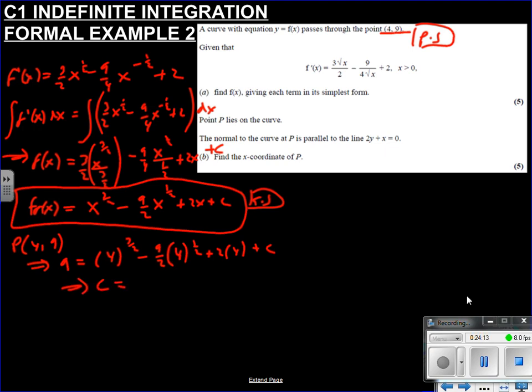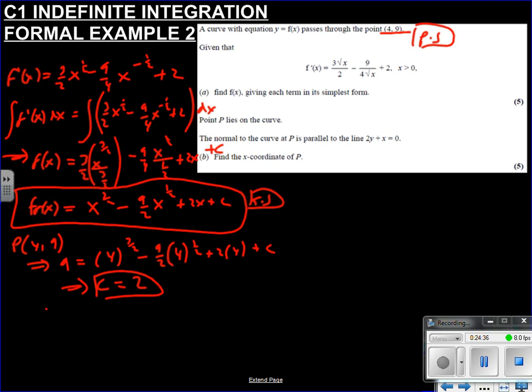And when you rearrange that, you should get, for the sake of speed, remember you will not be allowed to use a calculator. So plus 8, 9. So I get c as 2. Hopefully that's correct and you're following this.